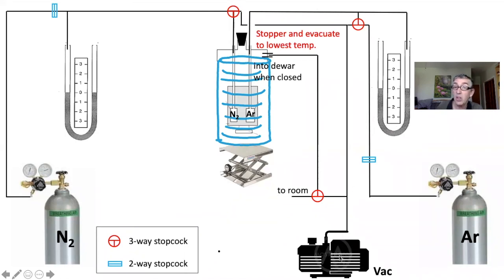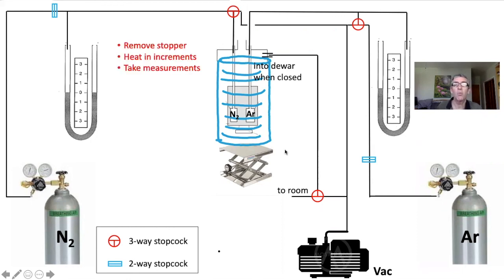In order to evacuate, you will have to turn this particular stopcock so that you evacuate this whole dewar cap system. Of course, you will not be evacuating the chambers, only the dewar cap system. As you evacuate, the temperature will drop.